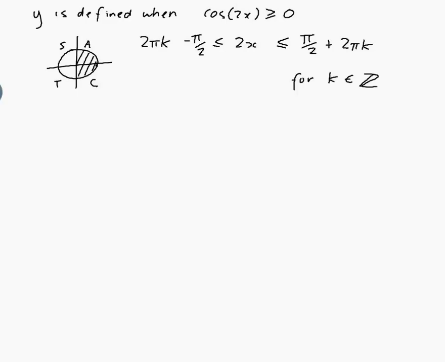Alright, so I can divide everything by 2 to get my x, so I get pi k minus pi on 4 is less than or equal to x, which is less than or equal to pi k plus pi on 4. I'm just going to draw a picture of what that looks like.